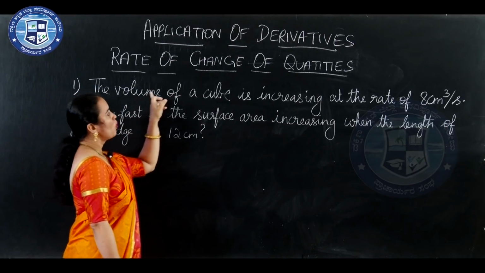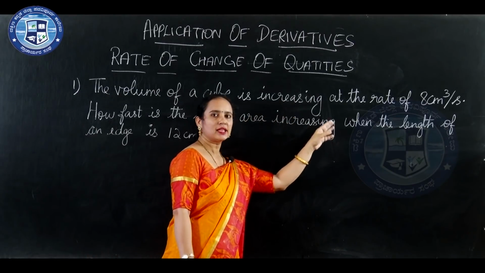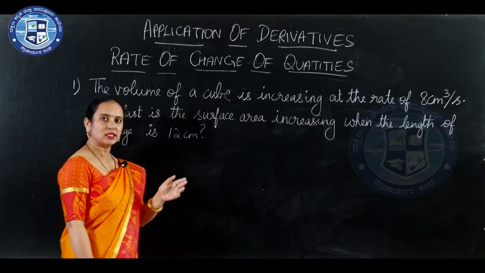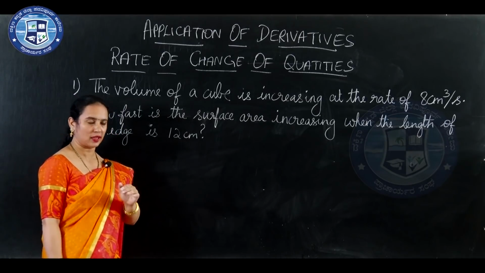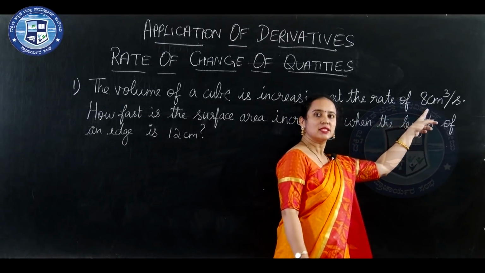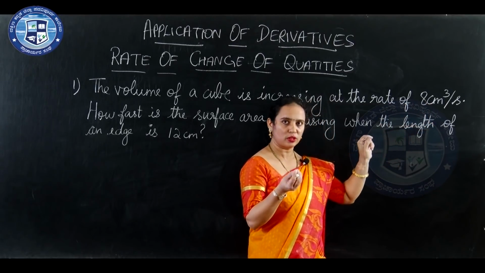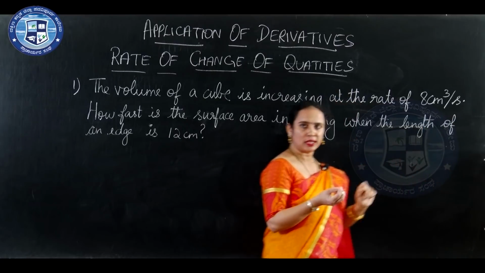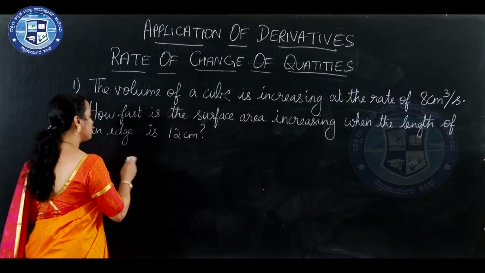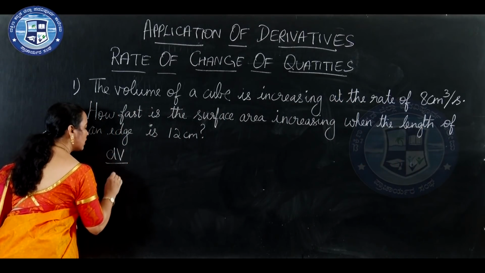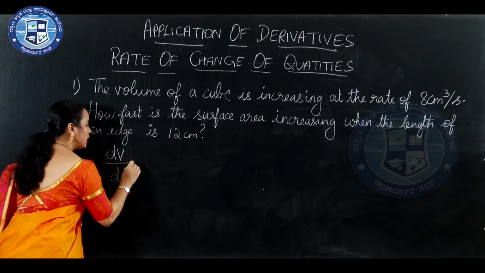They have given that the volume of the cube is increasing at the rate of 8 centimeter cube per second. The units given are a clue: cubic units is volume, with respect to time. So, 8 centimeter cube per second will be dV by dt.